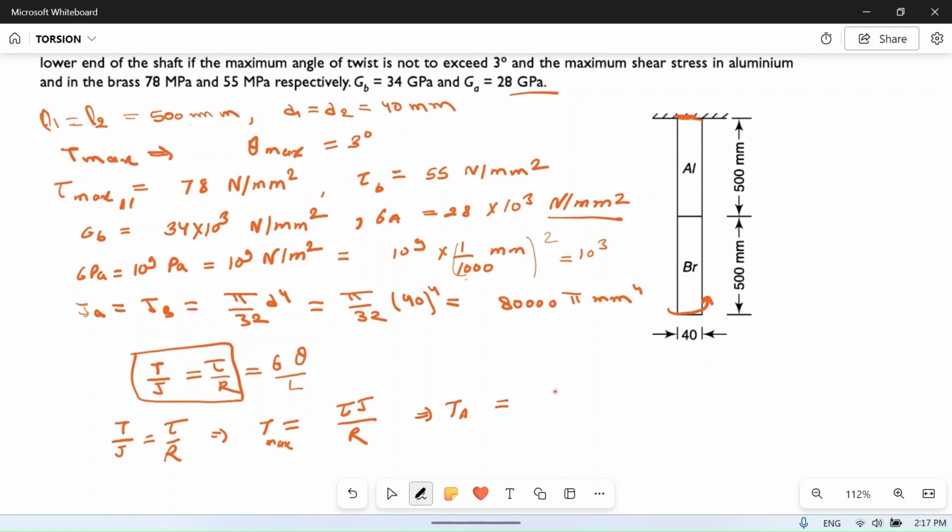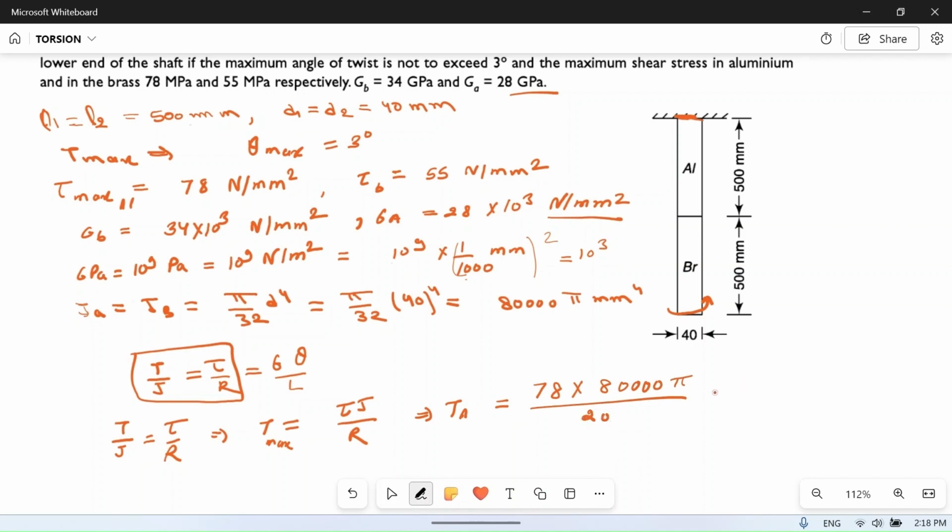What was tau aluminium? Shear stress in aluminium was 78, into J. What is J? 80,000 pi divided by R, R is d by 2, so 40 by 2 is equal to 20.